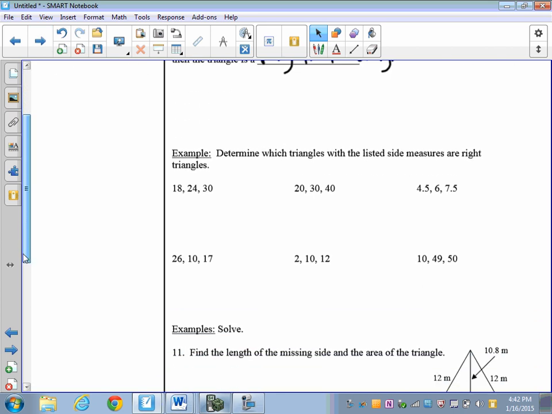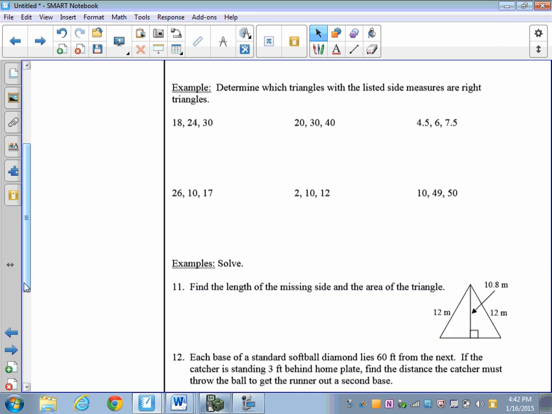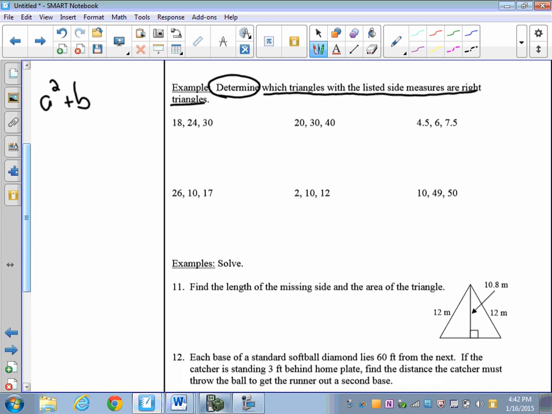So for our example, it says determine which triangles with the listed side measures are right triangles. So we're just going to use the Pythagorean theorem. We'll try the first one. Does 18 squared plus 24 squared equal 30 squared?